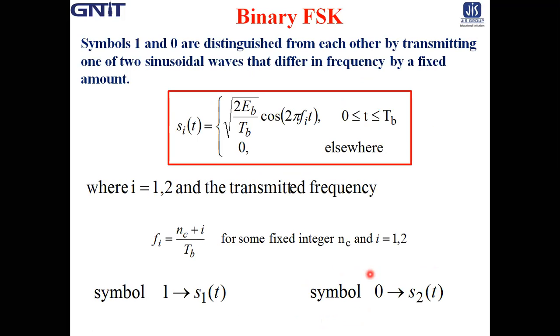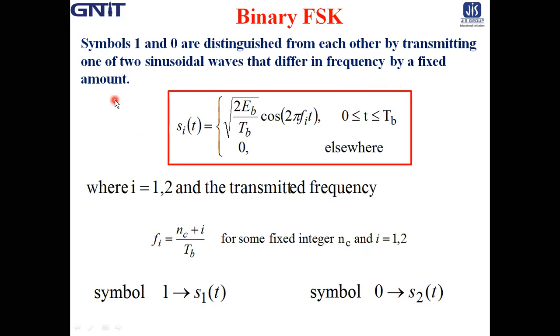It is a nonlinear method of passband data transmission. Now in binary FSK or frequency shift keying, symbol 1 and symbol 0 are distinguished from each other by transmitting one of two sinusoidal waves that differ in frequency by a fixed amount.